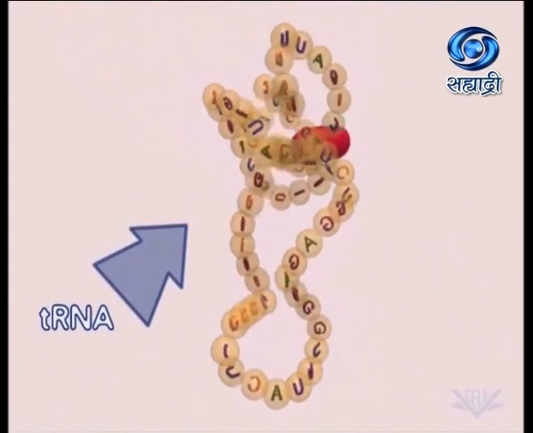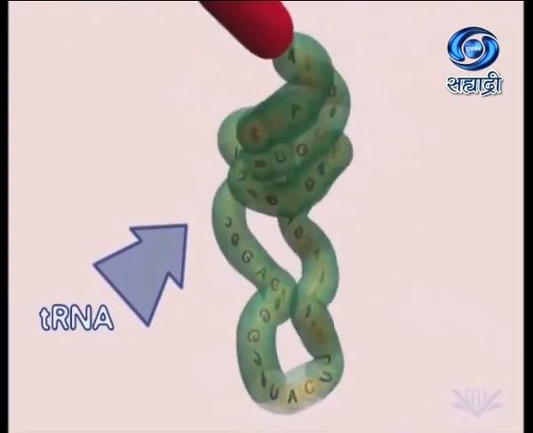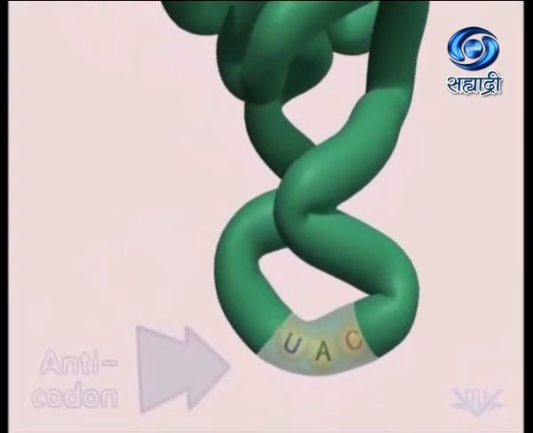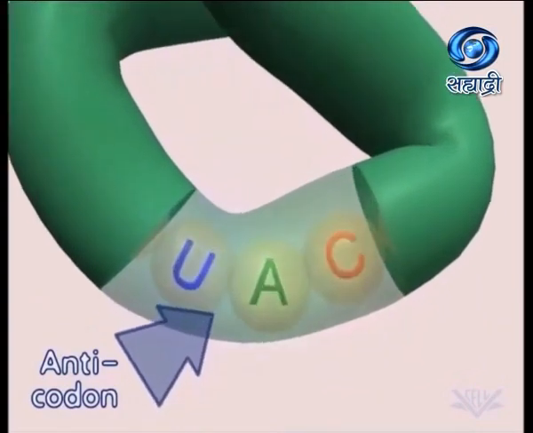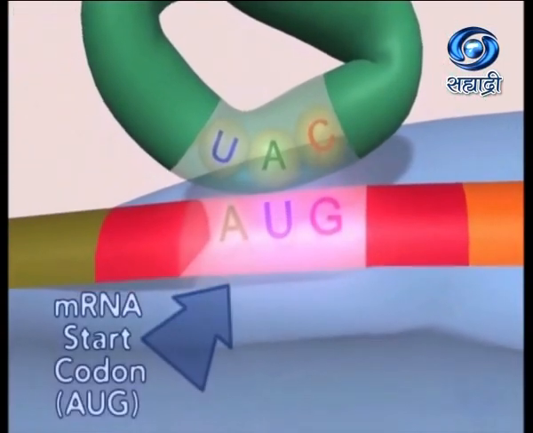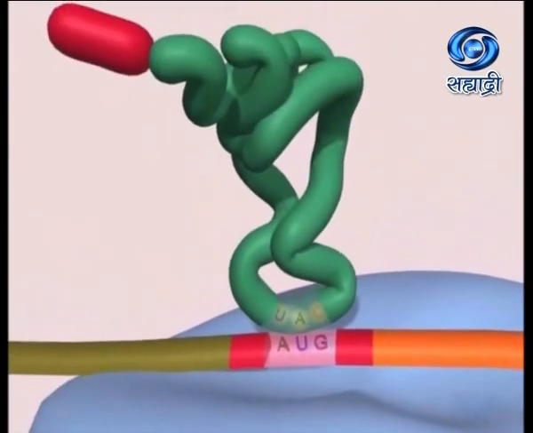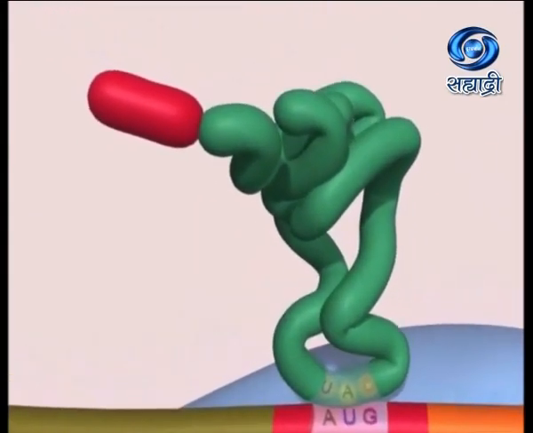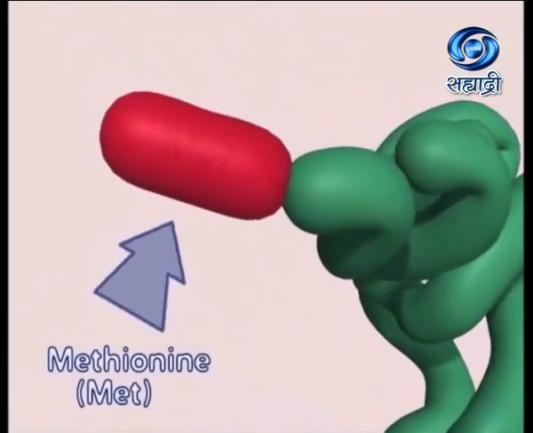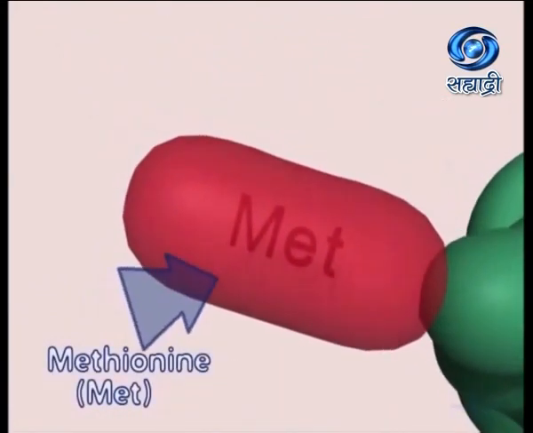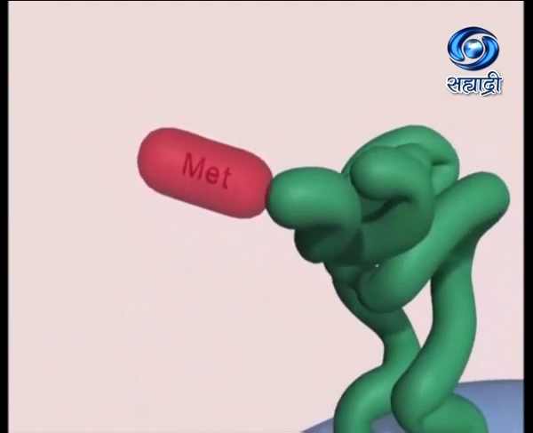Here the tRNA brings a particular amino acid, which is represented with red color. UAC is the anticodon. Codon and anticodon pair with each other. That's why the codon is red. The first one, methionine, is brought here.